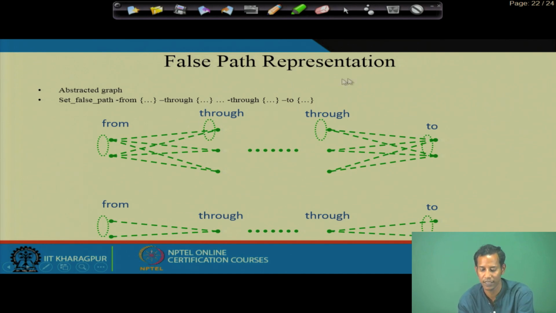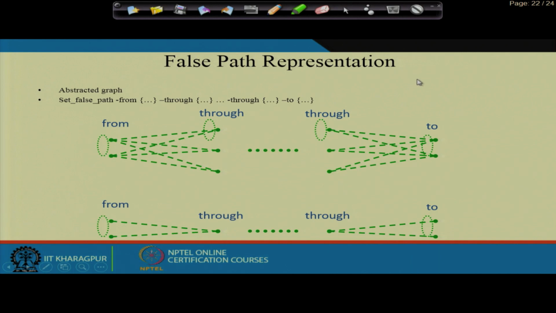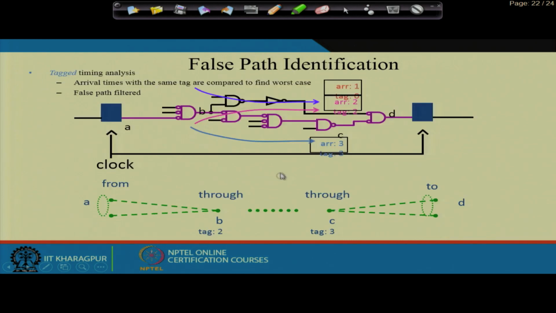Now, how can we represent the false path? Suppose this is from, this is through, this is also through, and this is to. Here we have one particular path from here, one from there, and another path with this.